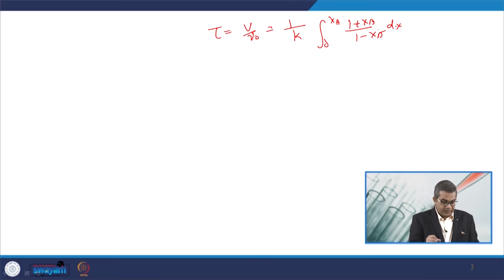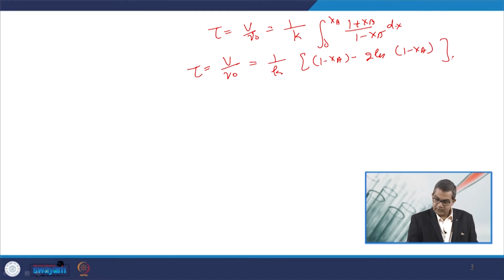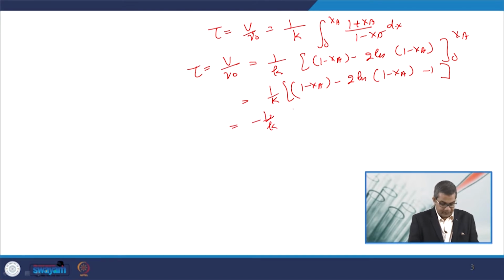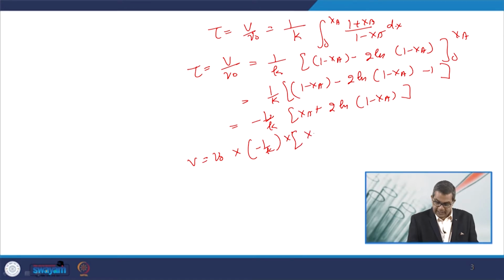So if we integrate, then we have tau is equal to V upon V naught, that is 1 upon k [1 minus XA minus 2 ln(1 minus XA)] from 0 to XA, and that is equal to 1 upon k [1 minus XA minus 2 ln(1 minus XA) minus 1], and that is equal to 1 upon k [XA plus 2 ln(1 minus XA)], or V is equal to V naught into minus 1 upon k into [XA plus 2 ln(1 minus XA)].